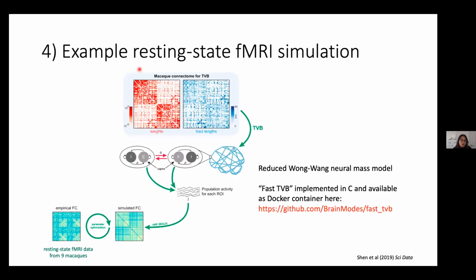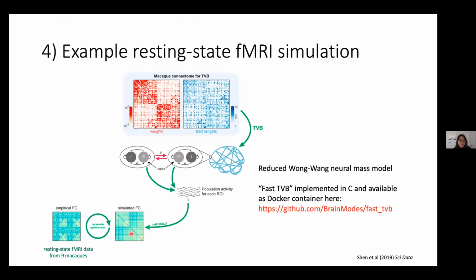Okay, so the constraints on this are that it used the Macaque connectome in the TVB package. Each region in this case was represented with a neural mass model, specifically the reduced Wong-Wang model. And it's all coupled together based on these weights and track lengths. Then the population activity for each ROI was simulated, and a human hemodynamic response function was applied to generate BOLD responses.